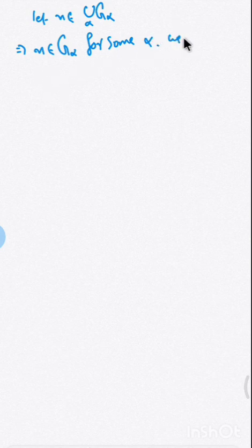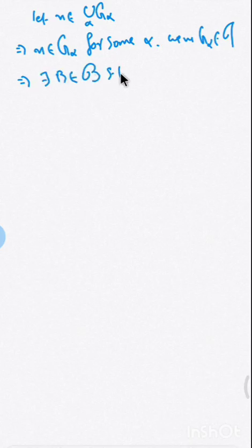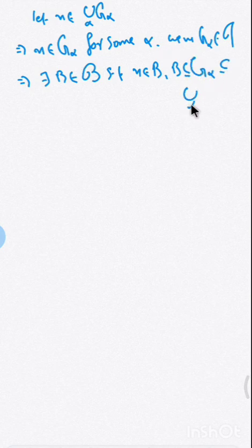We have G alpha is a member in tau. Then every element in G alpha has the property of tau, which implies there exists B in script B such that X belongs to B and that B is contained in the set G alpha. And every G alpha is contained in the union over alpha of G alpha, correct? Because we are considering the union of all such G alphas.